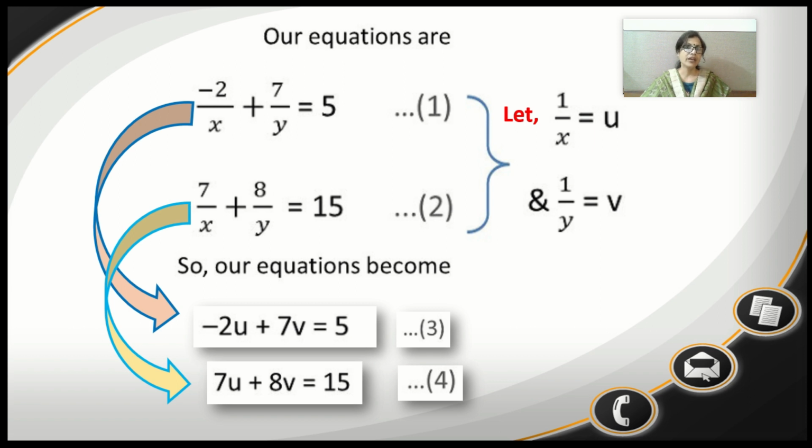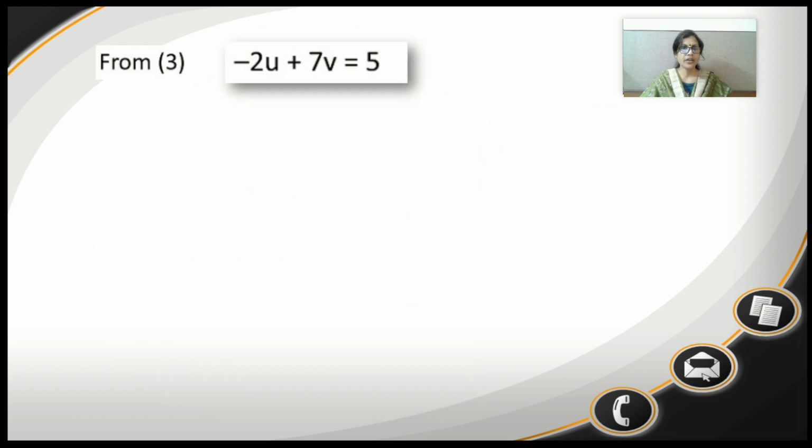Alright. Now looking at these two equations, equation 3 and 4, now you can solve it either by substitution method or by elimination method. So let's see from equation 3, minus 2u plus 7v is equal to 5. We can write 7v is equal to 5 plus 2u.